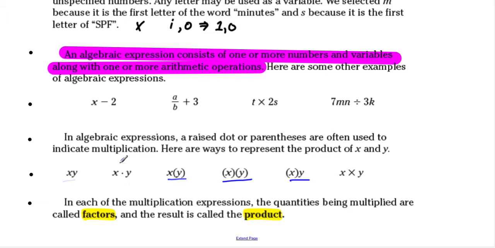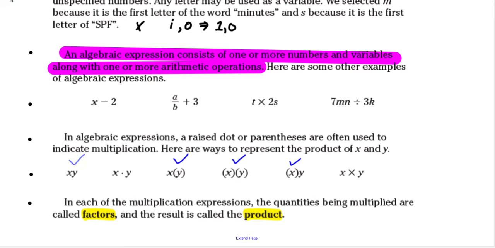We try to avoid the raised dot because it can be confused with a decimal, and the multiplication sign can be confused with the variable x. So we use these more often than not.